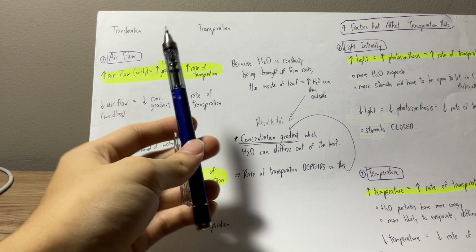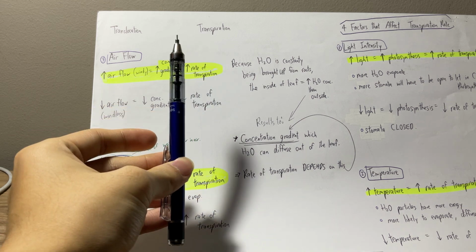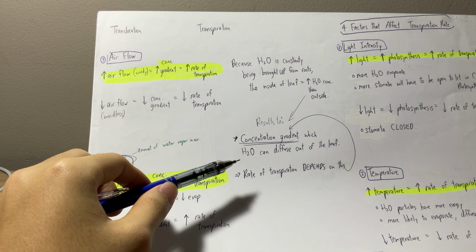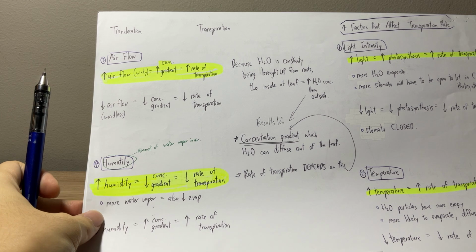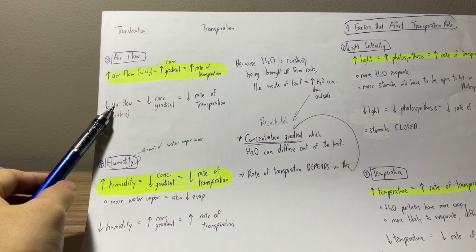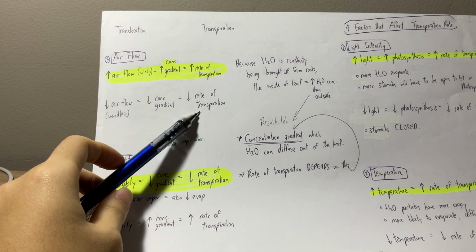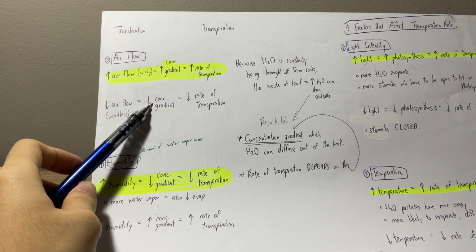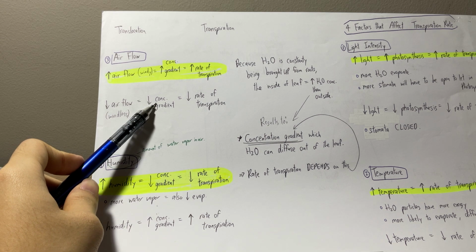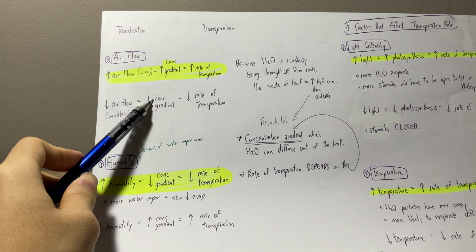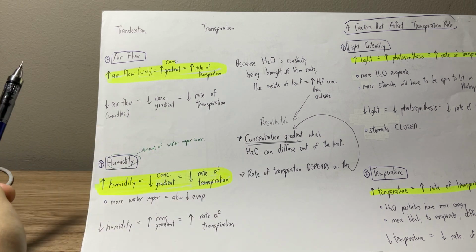So naturally, there's an upward force. So if there's no wind, there is a lower rate of transpiration because there is a low concentration gradient. So this gradient is this one. Okay.